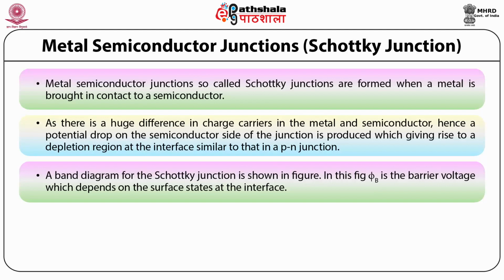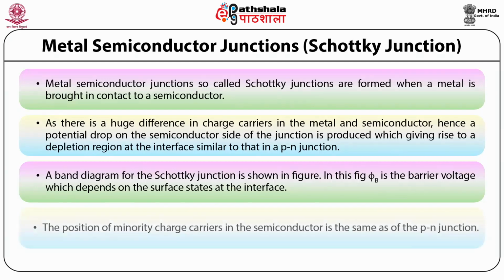Due to the huge difference in the vacuum work functions in a metal, that is Φm, and a semiconductor Φsc, the energy band in the semiconductor bends accordingly. The position of the minority charge carriers in the semiconductor is the same as that of the p-n junction.